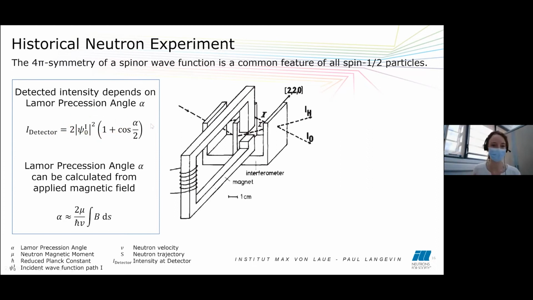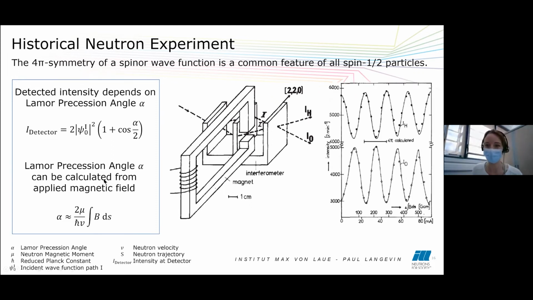And then the Larmor precession angle alpha can be calculated from the strength of the magnetic field we're applying and the neutron's trajectory within the magnet. So we can precisely determine the precession angle alpha and also measure the intensity detected at a detector as a function of this precession angle. And such an interferogram is shown here.